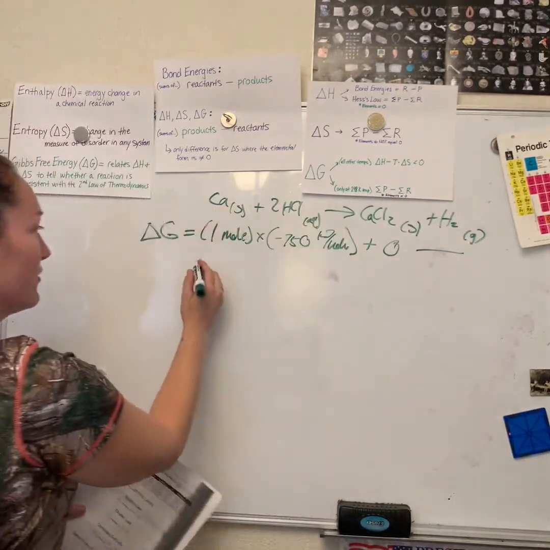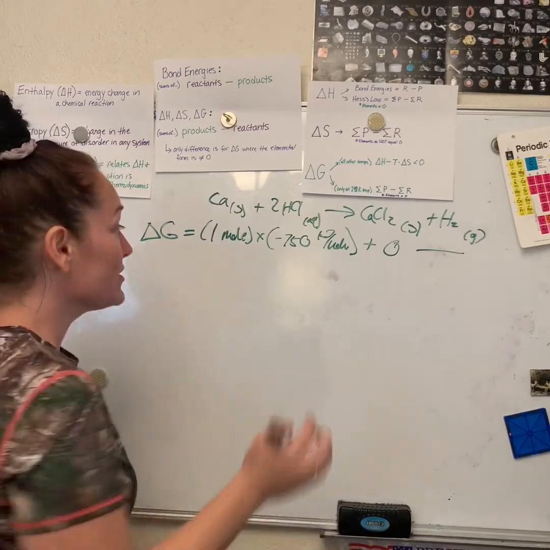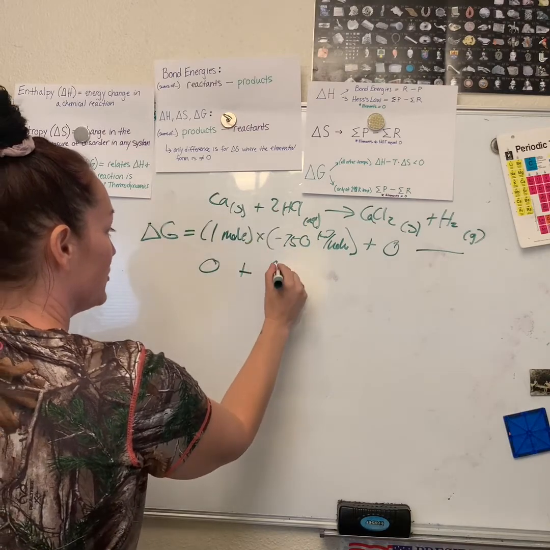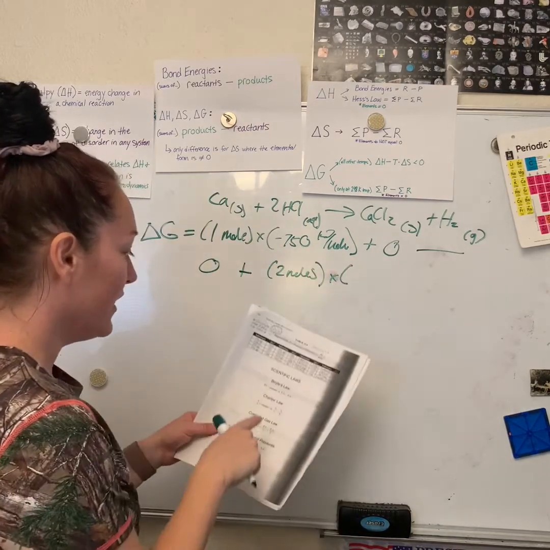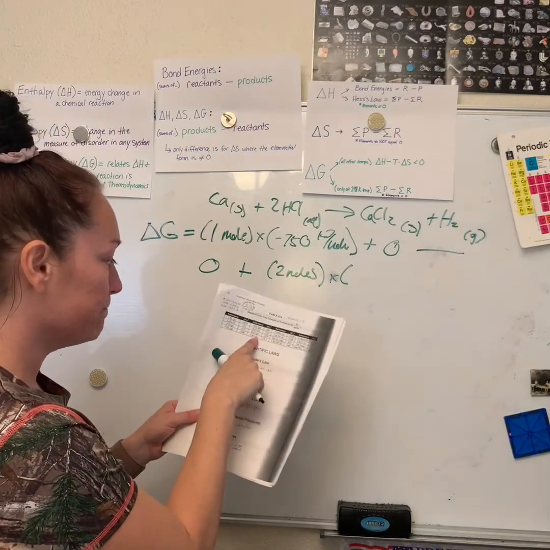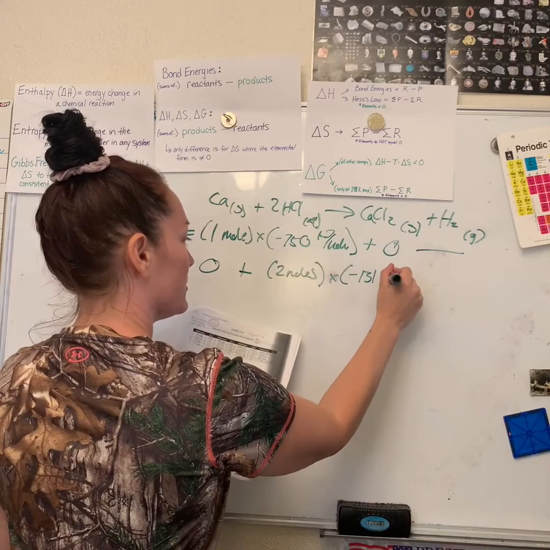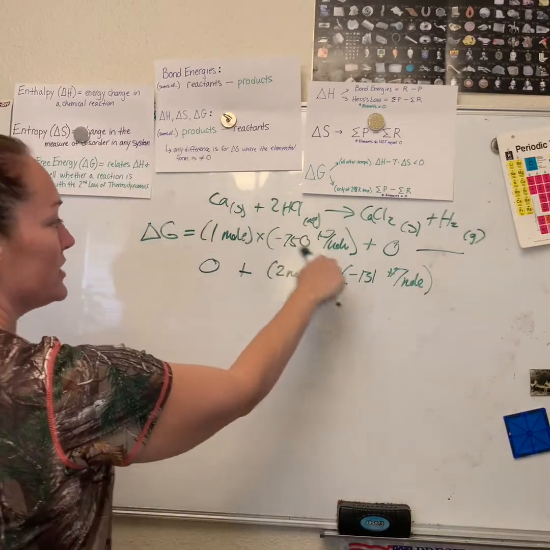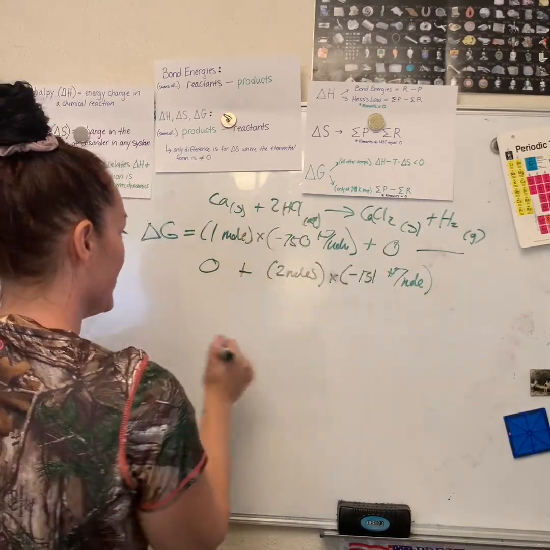Subtract. Now we get to go over here. Calcium. Calcium is also just a 0. Plus, we've got 2 moles of HCl, aqueous. Go ahead and find it over here, negative 131 kilojoules per mole. Okay, so crunch this and crunch this. We're going to just take this minus this.